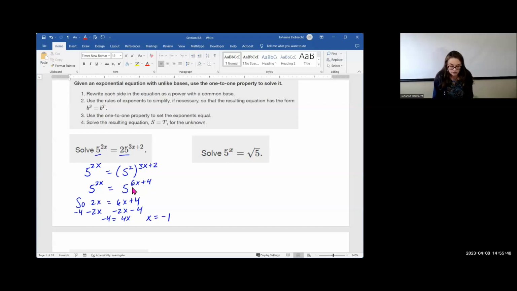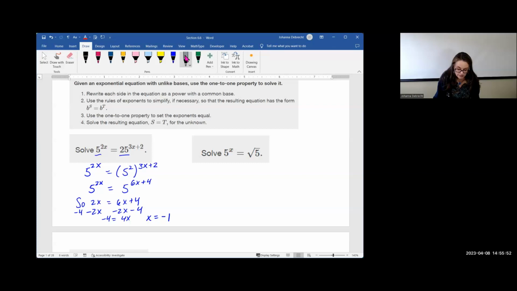Now, does that work? So let's check it. So we're going to do a check on each one of these. So I have 5 to the 2 times negative 1. Does that give me 25 to the 3 times negative 1 plus 2? 3 times negative 1 is negative 3, plus 2 is a negative 1.